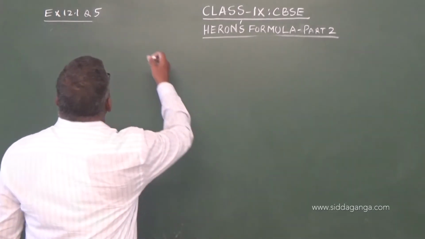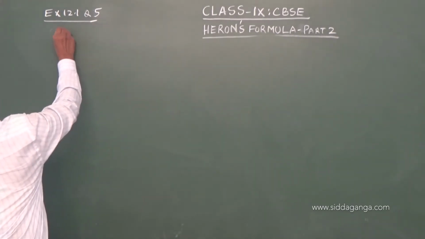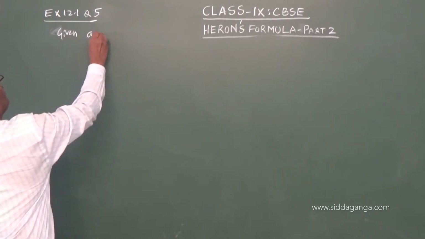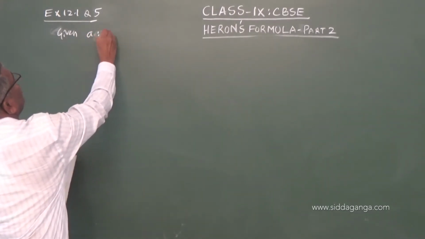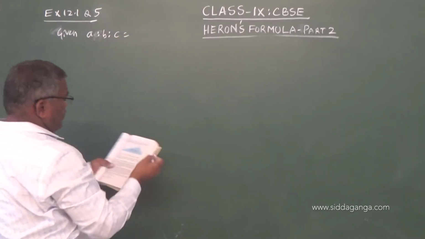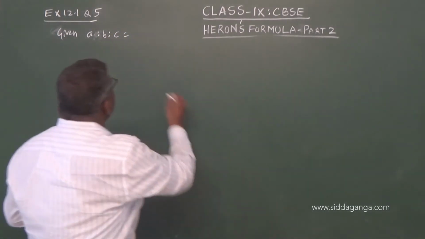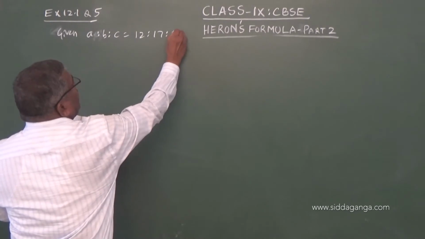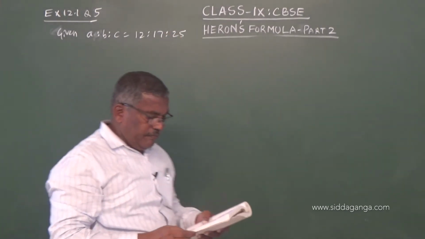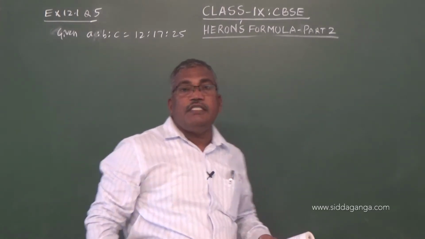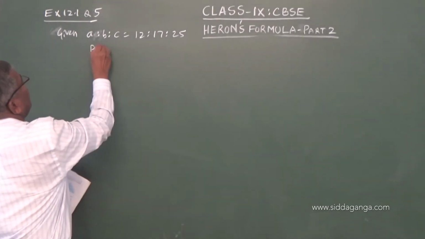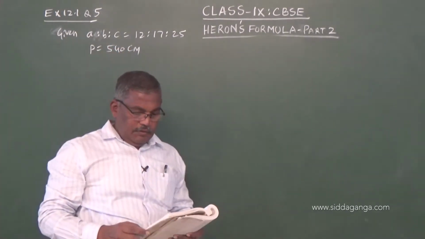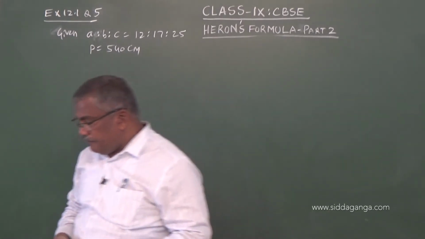A is to B is to C, the three sides are in the ratio 12 is to 17 is to 25, and its perimeter is 540 centimeter. So given perimeter is 540 centimeter. Find its area.